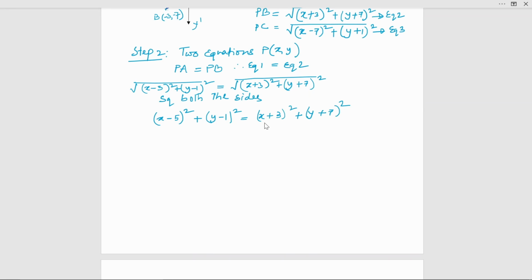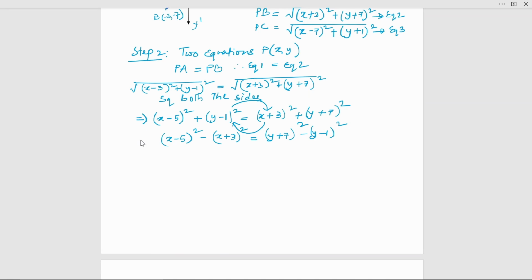Now we are moving the x variable towards the left hand side and the y variable towards the right hand side. So it will be (x − 5)² − (x + 3)² = (y + 7)² − (y − 1)².